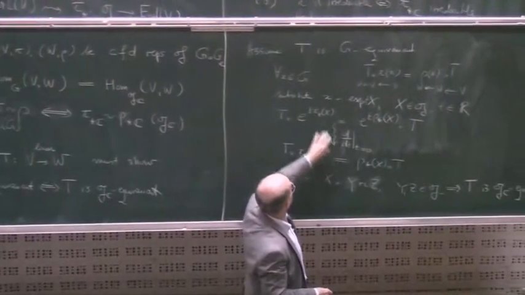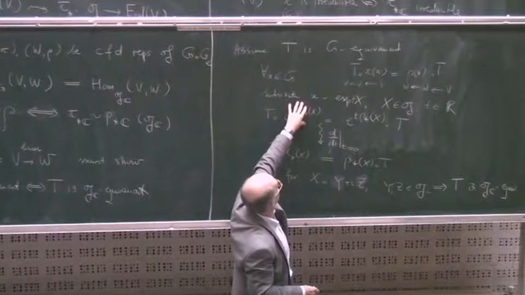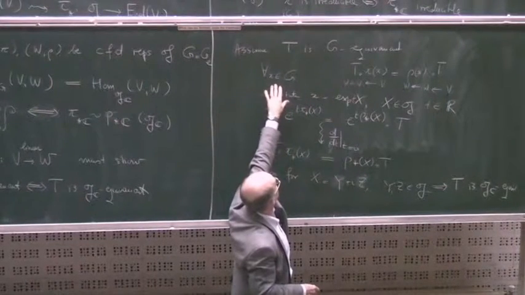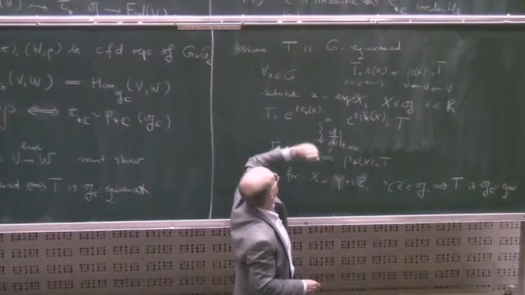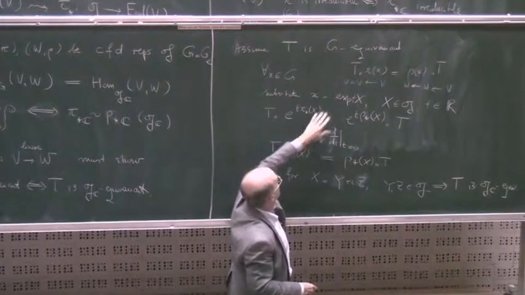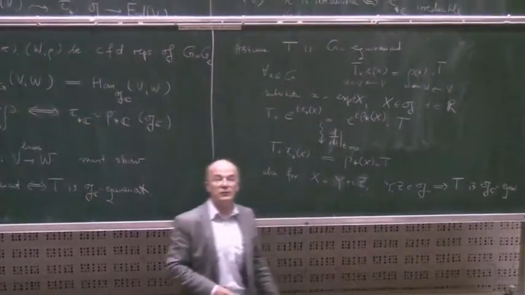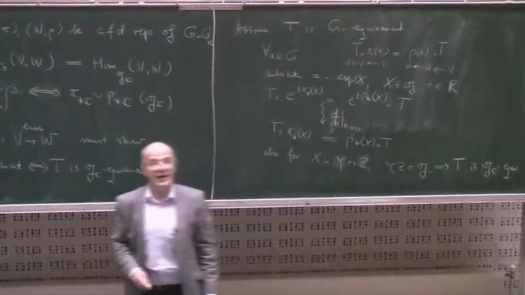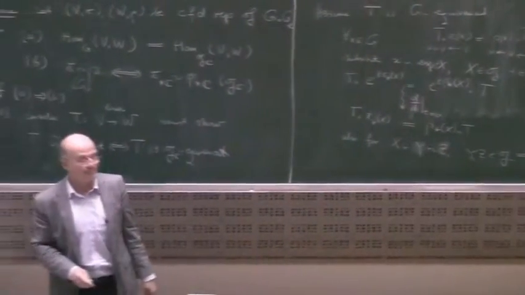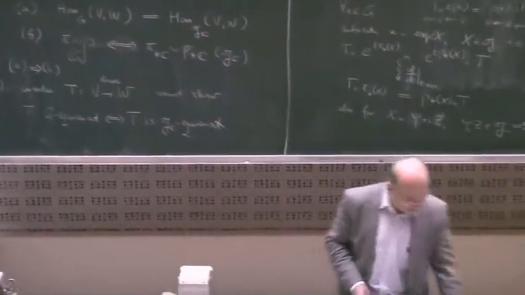From here we get this equivariant property for all t and X, and then by using that G is connected and the exponentials generate the group, we get the equivariance for the group G.